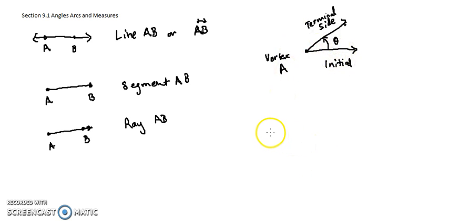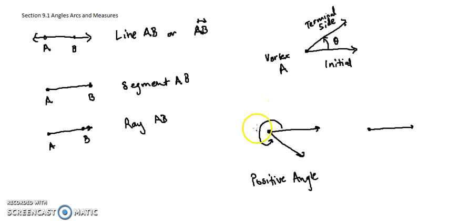All right, so let's look at 2 different angles. Here's our initial side here, initial side here. All right, now if we take this and we rotate this direction, okay, so we rotate around this way, so that would be counterclockwise, this is going to be a positive angle.